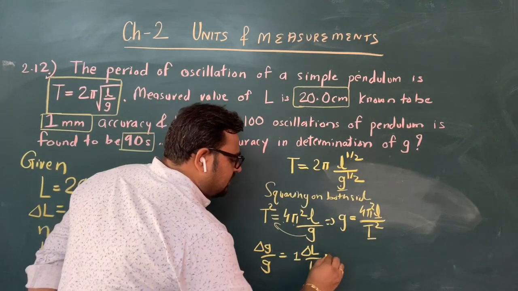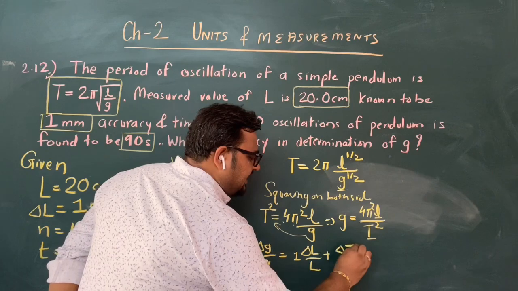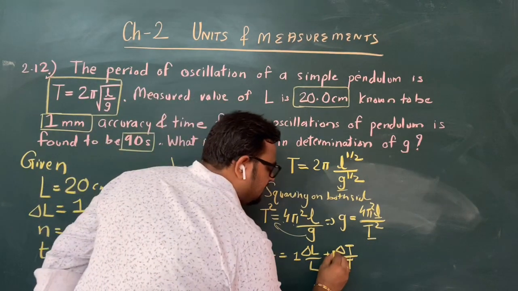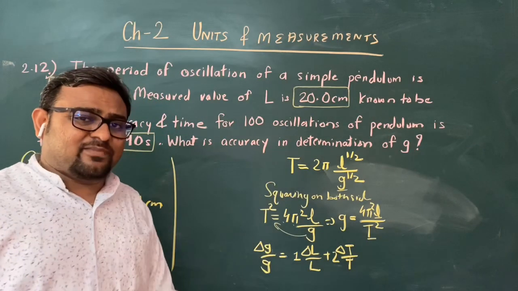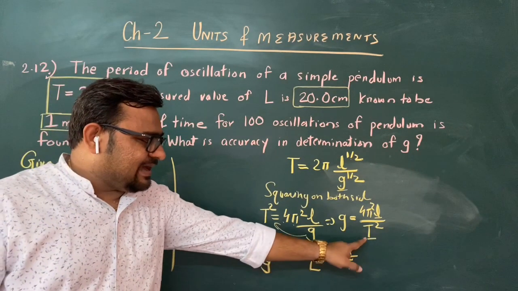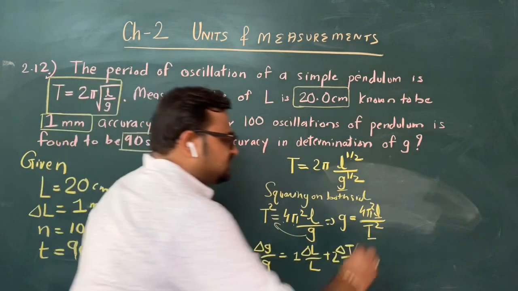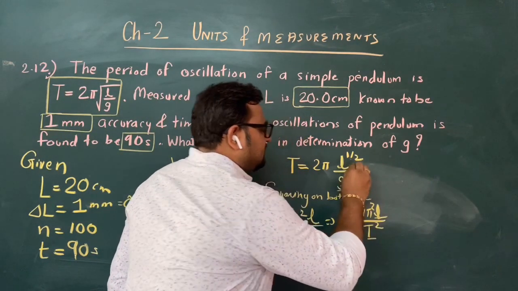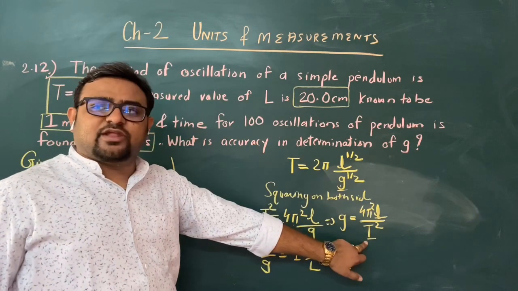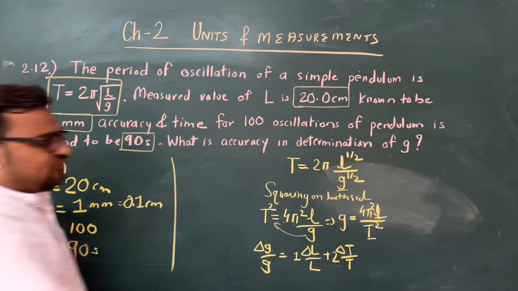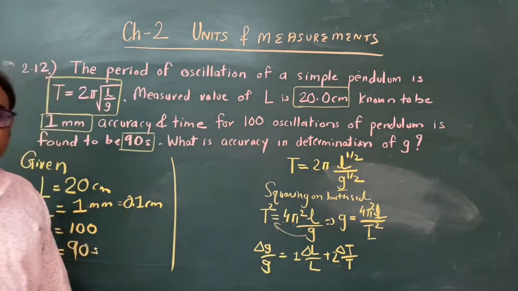So I'll multiply it by 1, plus delta T by T; what is the power of T? 2. But remember, here it's capital T, that is the periodic time. Let's make this also capital L. So this T is the periodic time, while the time given is the total time. So now we need to find delta T and T.